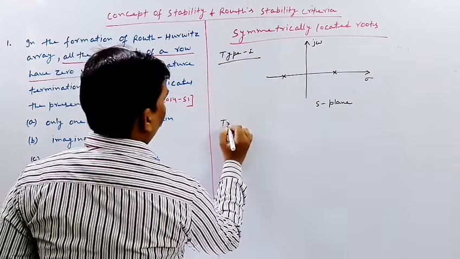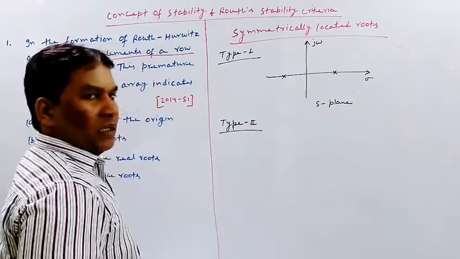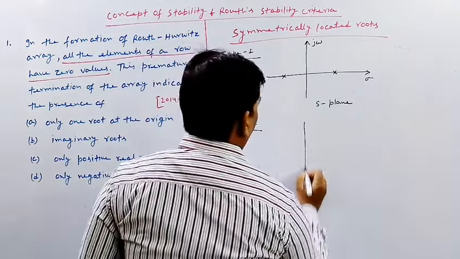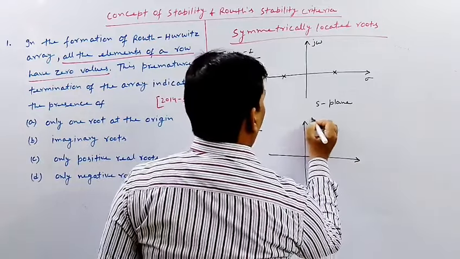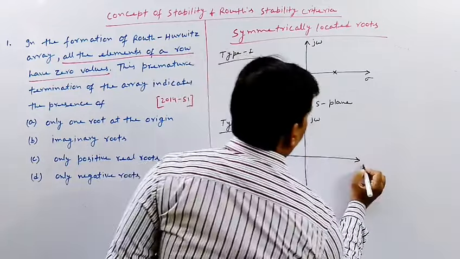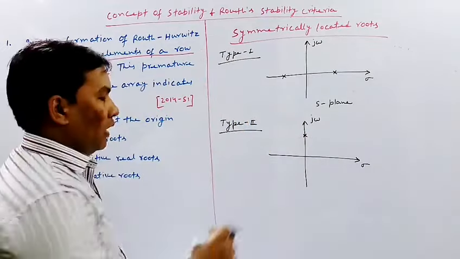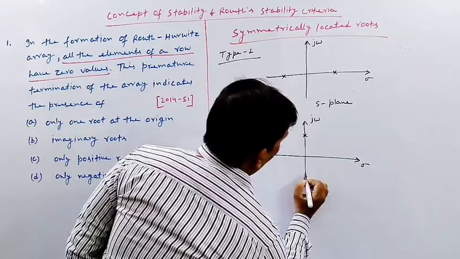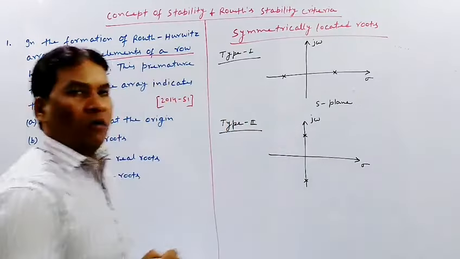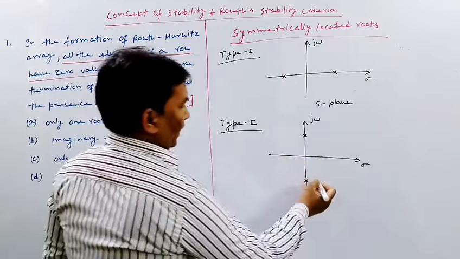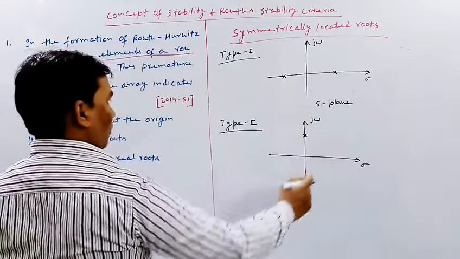Type 2. Suppose there is a pole located on the imaginary axis, here. Then there must be a mirror image of the pole on the negative imaginary axis. This is also a symmetrically located root.